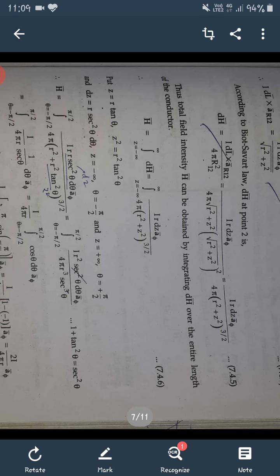So that is the integral of I r square sec square theta d theta a phi by 4 pi r cube, because taking r square common, r square to the power 3 by 2 gives r cube.